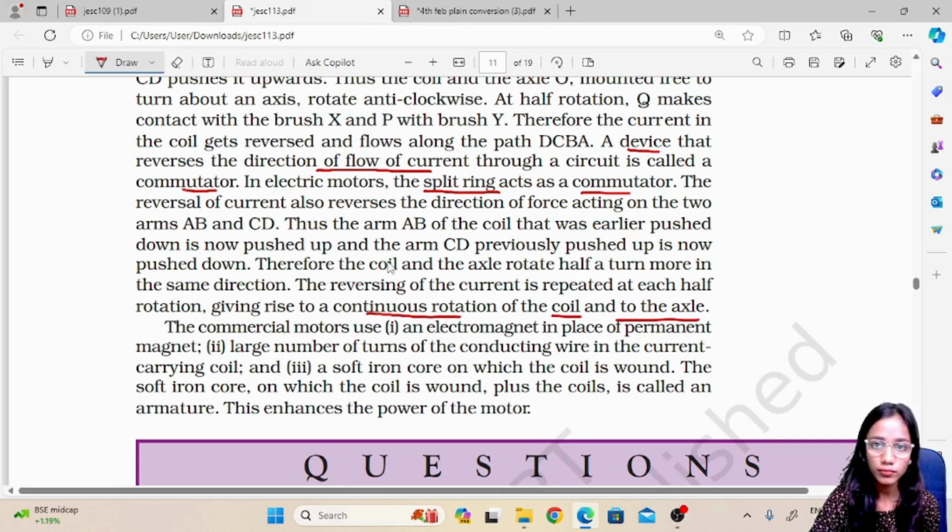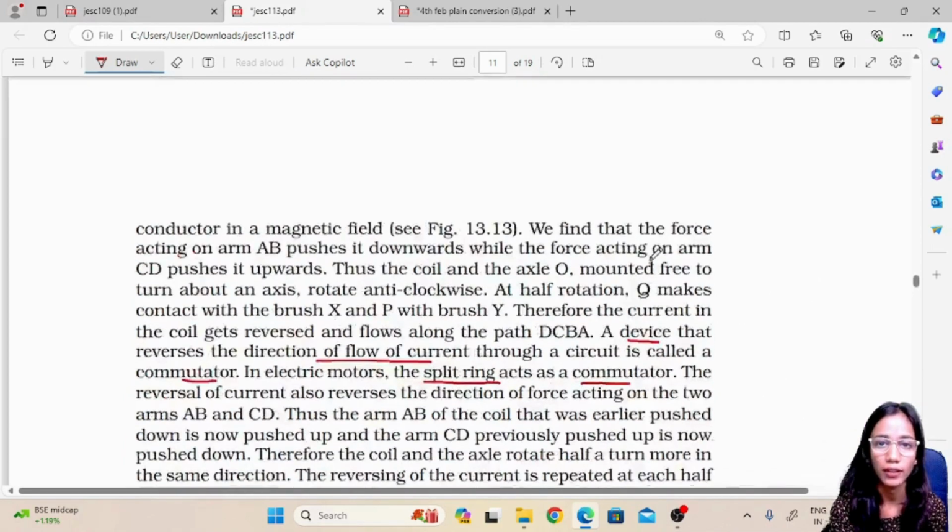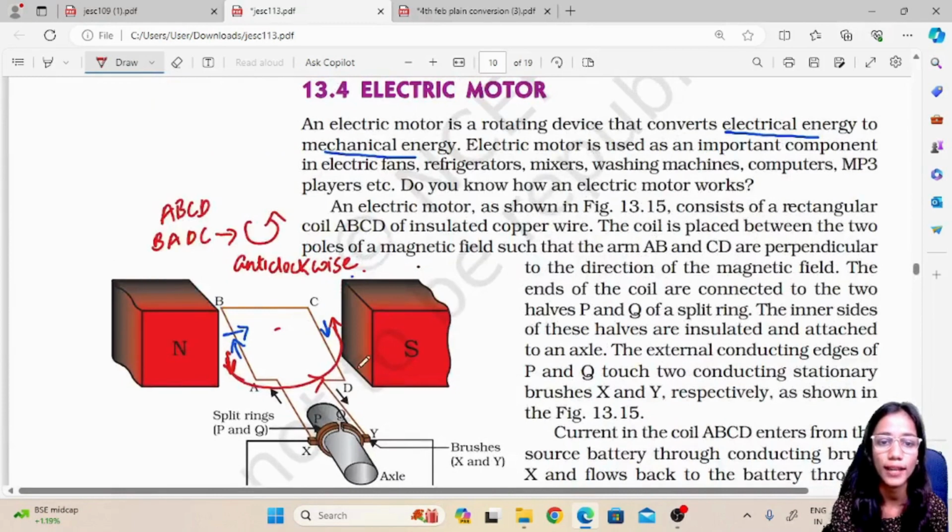Okay, so this is how the electric motor works. Now, this was an experimental one. We will see now how commercial motors are different. In commercial motors, an electromagnet is used in place of a permanent magnet. So in place of this, a strong electromagnet is used.